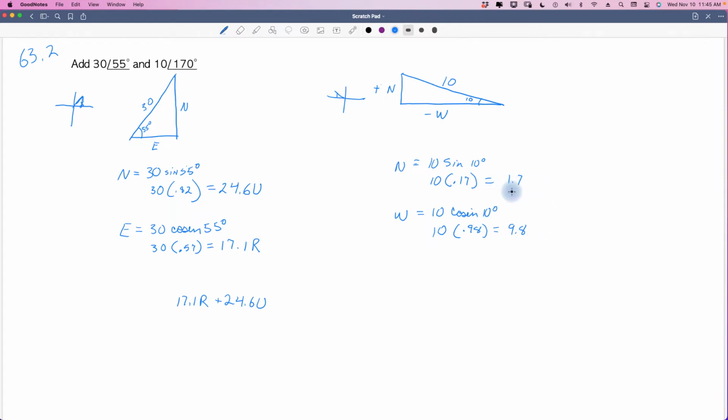All right, and this is going to be to the left. It's going to be negative. So we're going to turn that into a negative, and that's going to be negative r because it is along this x-axis. And this one is up, so it's going to be a positive u.